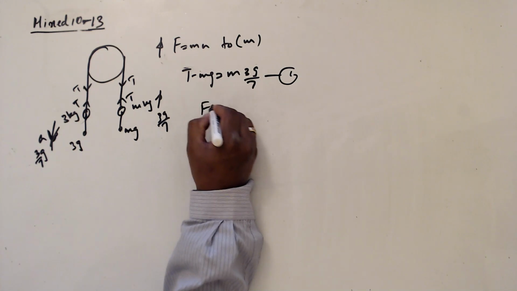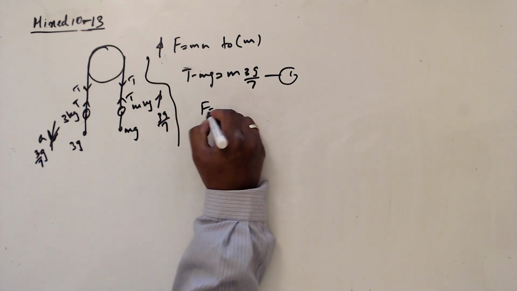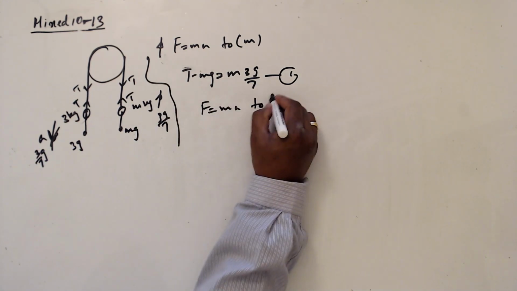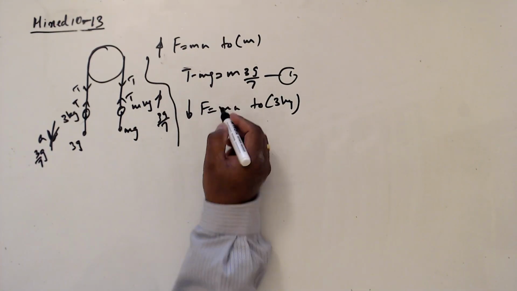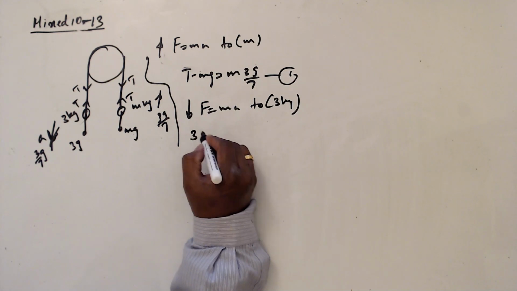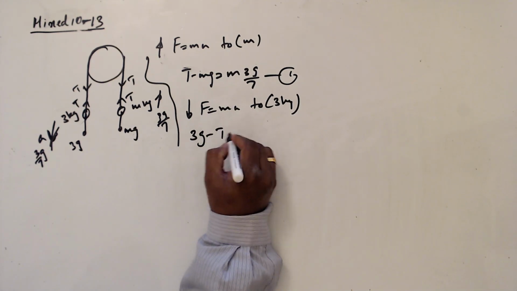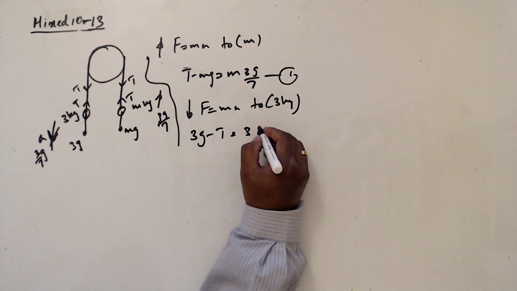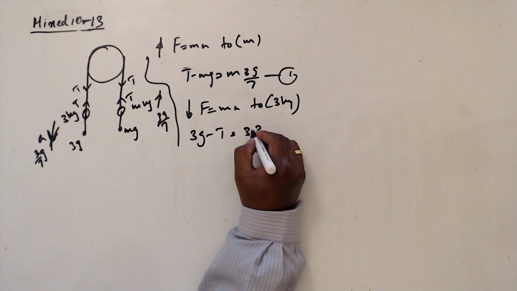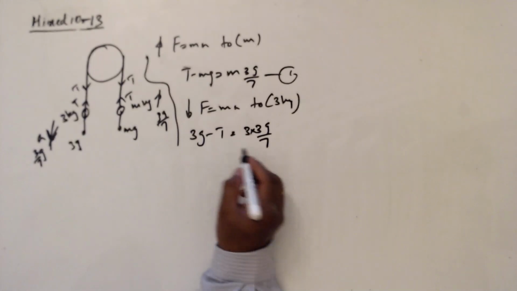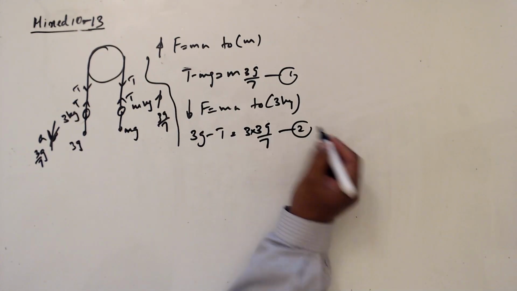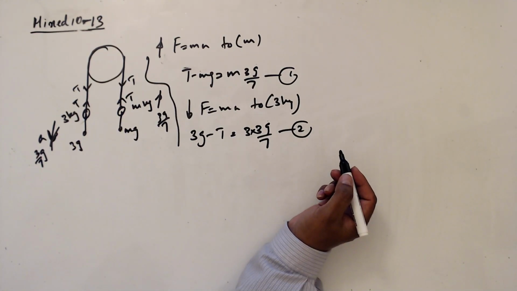Then F equals ma for the 3 kg mass, which is downward. 3g minus T equals 3 times 3g over 7. So this is equation 2.